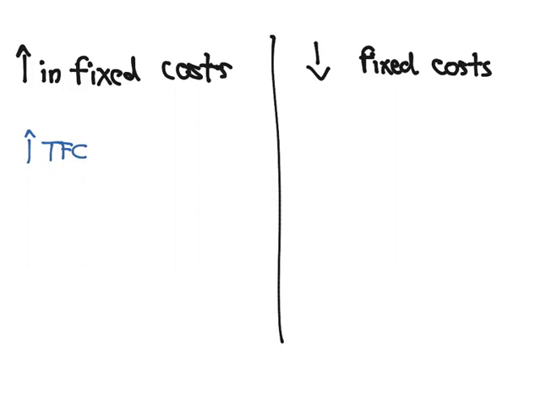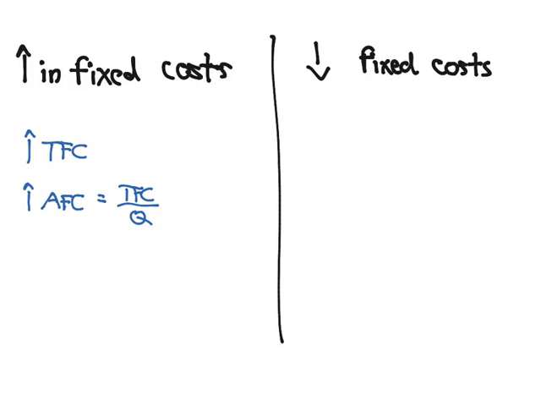If fixed costs are changing, then that would also mean there's an increase in average fixed costs. Because remember, average fixed cost is total fixed cost divided by Q. So if the numerator of the fraction is getting bigger, which we just said it is, average fixed cost has to also be increasing.